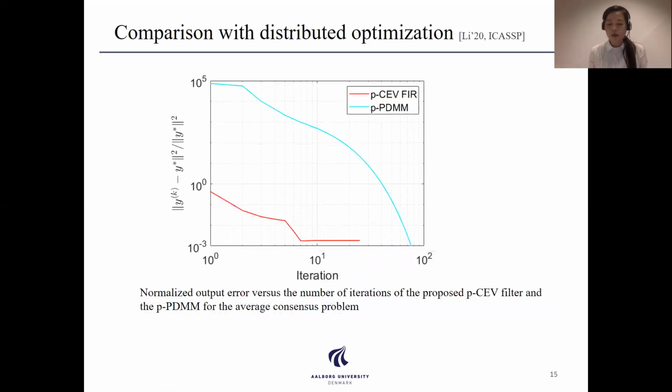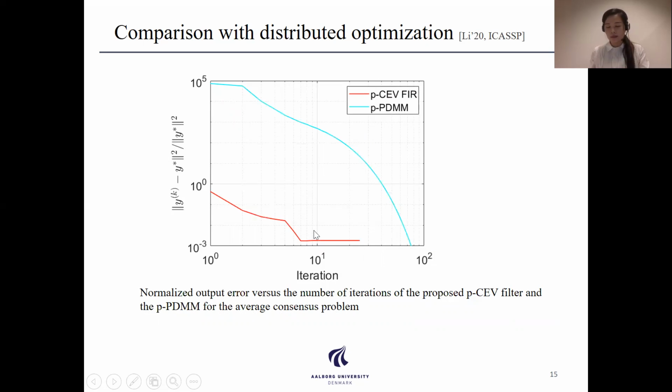Another question you might ask is how it compares with the existing distributed optimization approach. Here we compare with an approach using PDMM. We can see that for the distributed average consensus problem, the proposed graph filtering requires a very low iteration number to achieve a fairly good approximation error.